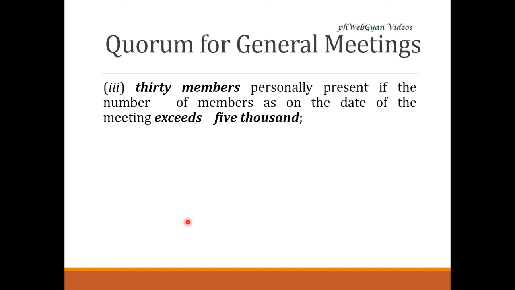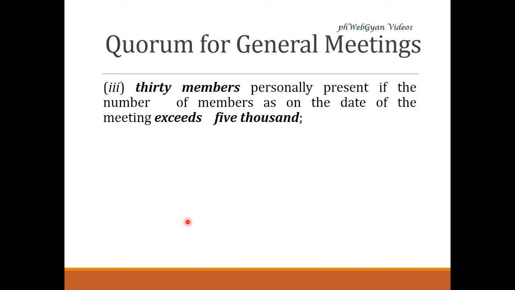So now I hope everybody who is listening to my video knows what a quorum is. But for those who do not know what the quorum is, it means the minimum number of members who should at least be present for a duly convened meeting. So here we are talking about general meetings.